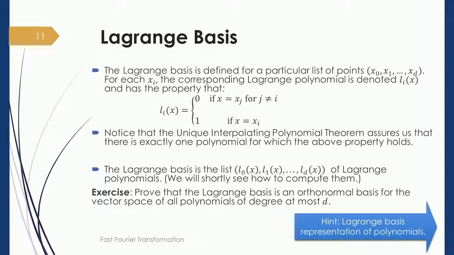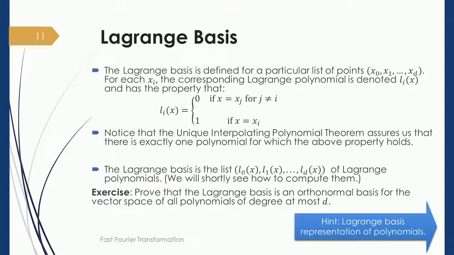We define the Lagrange basis for a particular set of points x0, x1 and so on up to x sub d. This means that there is actually an infinite family of Lagrange bases depending on our choice of the interpolating points, or the x0, x1 and so on up to x sub d.